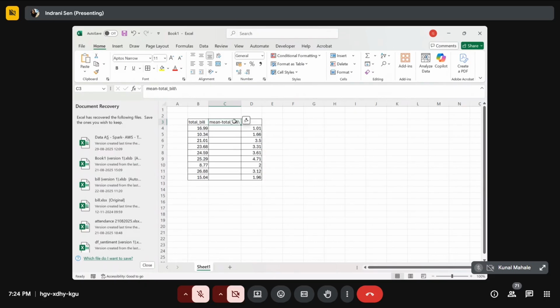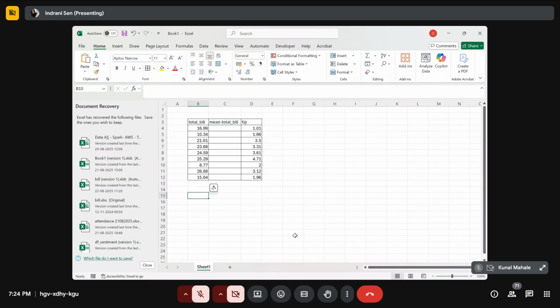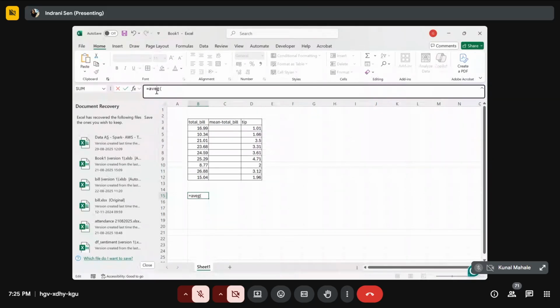How do you calculate that? First you calculate the mean of this column. Mean is the average.